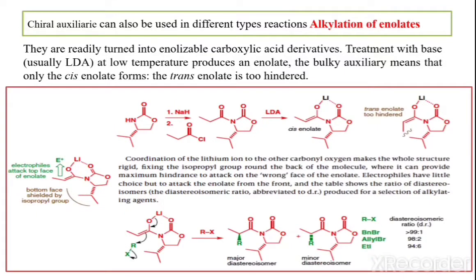Here, the enolizable carboxylic acids and their derivatives are treated with a base, usually LDA at low temperature, to produce the cis enolate. The bulky auxiliary means that only the cis enolate is formed and the trans enolate is too hindered.